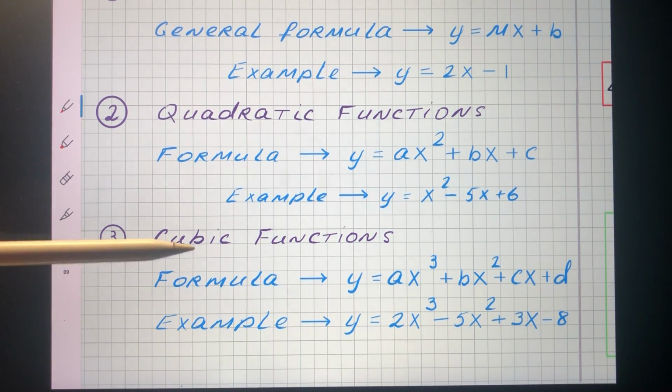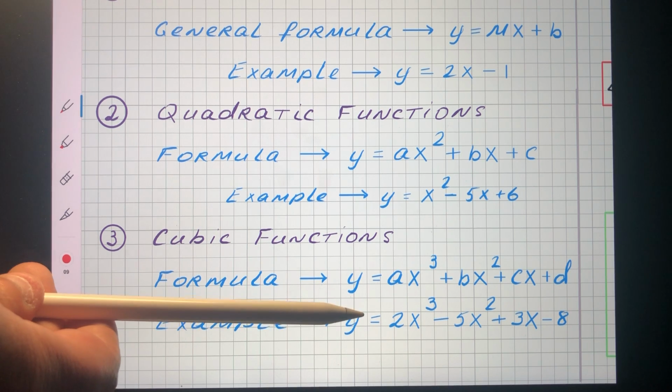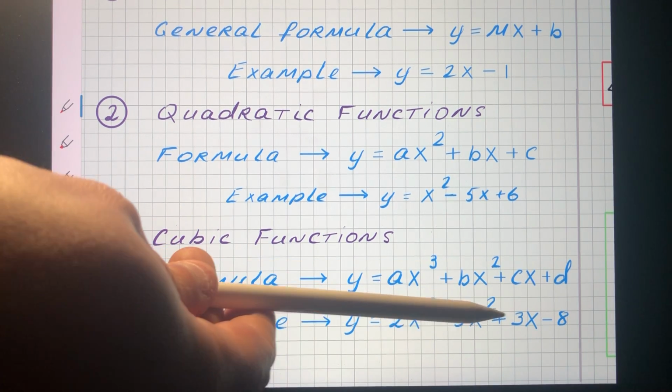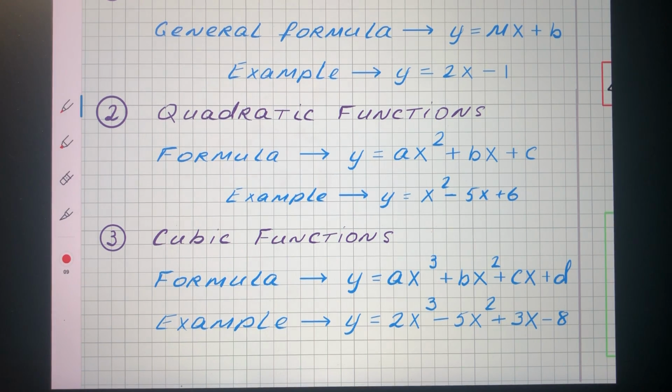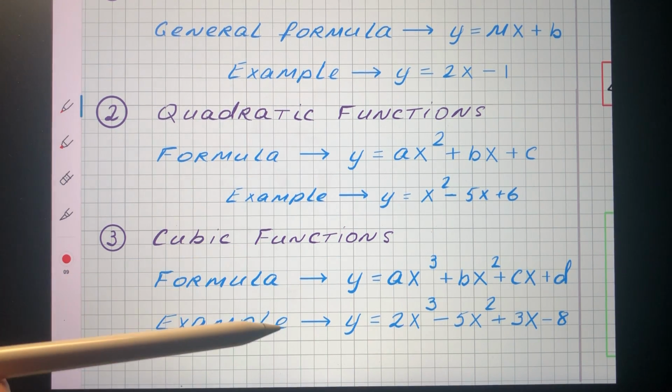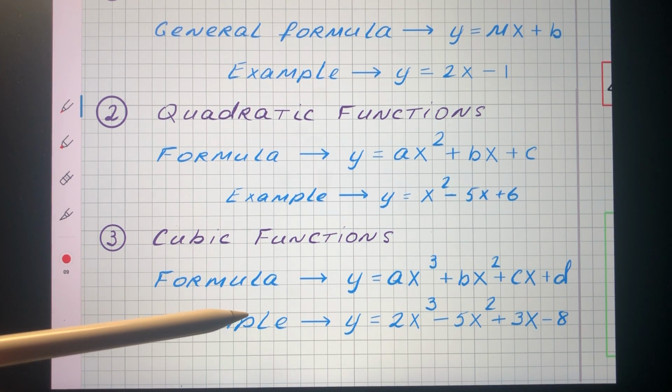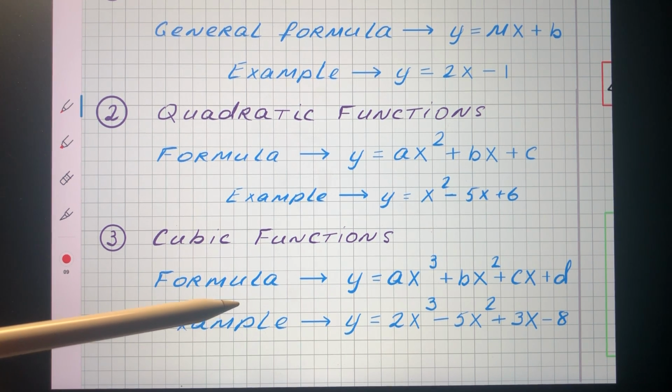One of the examples for the cubic could be y equals 2x cubed minus 5x squared plus 3x minus 8. After the cubic, we usually continue and expand the study of polynomials to higher degrees. So we might look at the 4th degree, 5th degree, and so on.